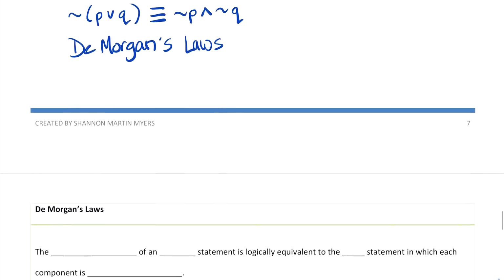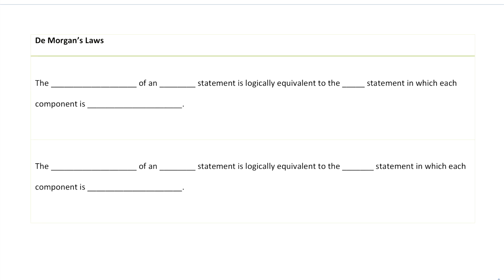And speaking of which, De Morgan's laws are as follows. The negation of an and statement, a conjunction, is logically equivalent to the or statement in which each component is negated.